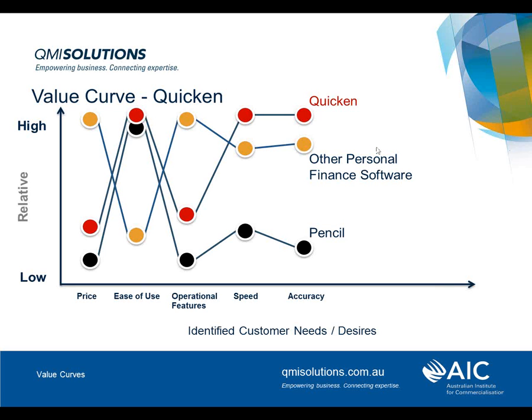No extra features over here. They actually competed head-on, but they could command a higher price by the ease of use, speed and accuracy, and they got that by dropping the features. They made it easier to use, a better user interface, simpler to use, and appealed more to the masses rather than the trained accountants.